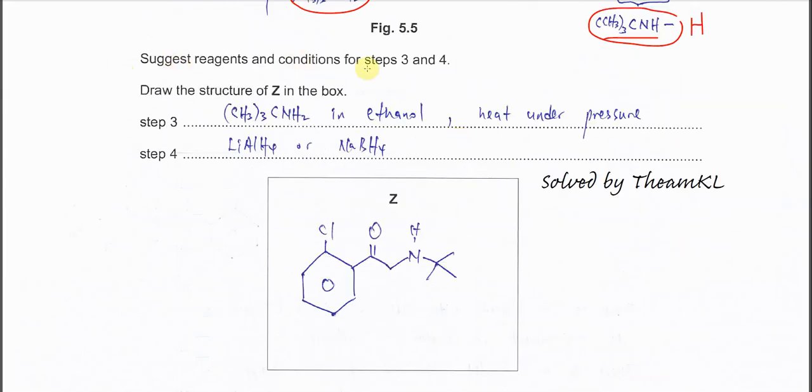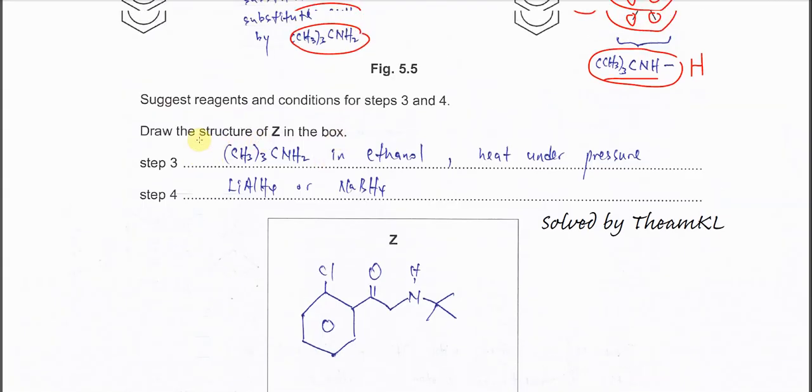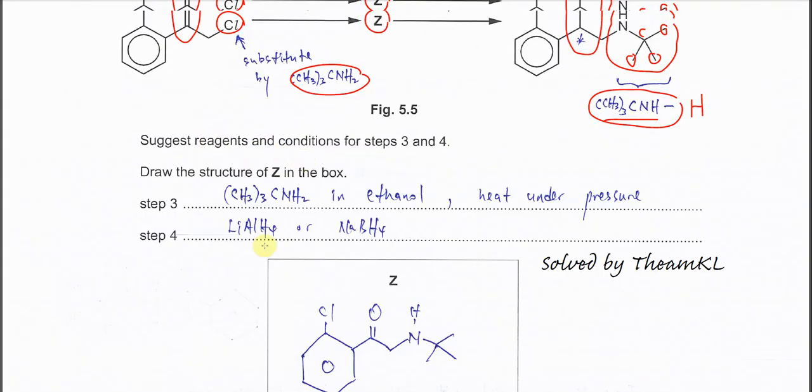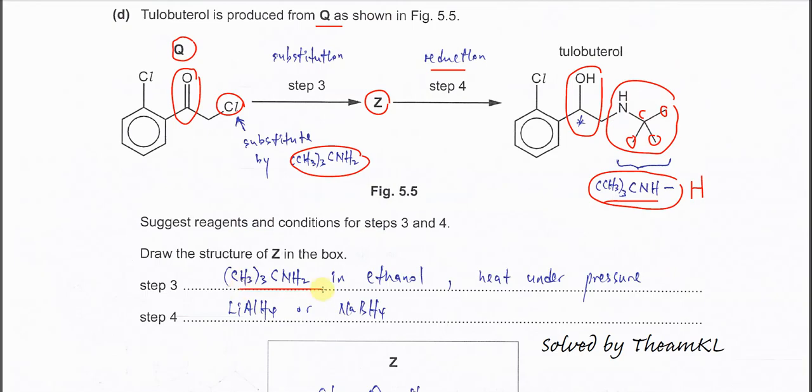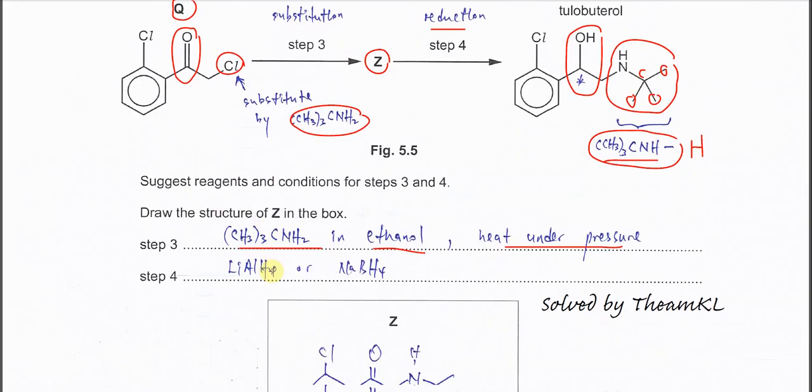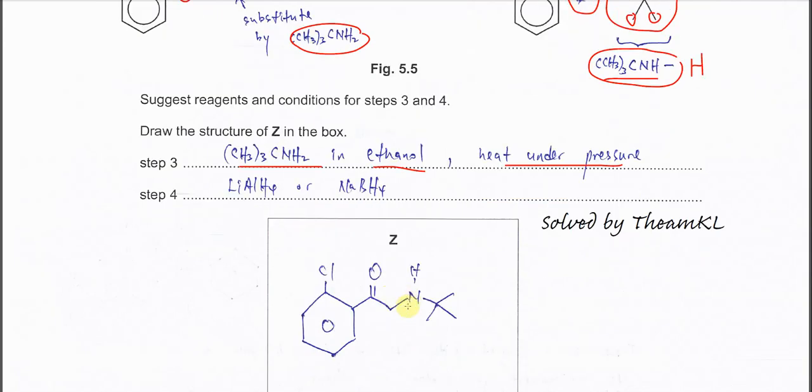Suggest a reagent and condition for step 3 and 4, and draw the structure of Z in the box. For step 3, we use this amine in ethanol, heated under pressure. Remember this is a primary amine as well, because it's NH2 with 1 alkyl group. After that, this is the Z that forms, meaning the chlorine is substituted by this group.